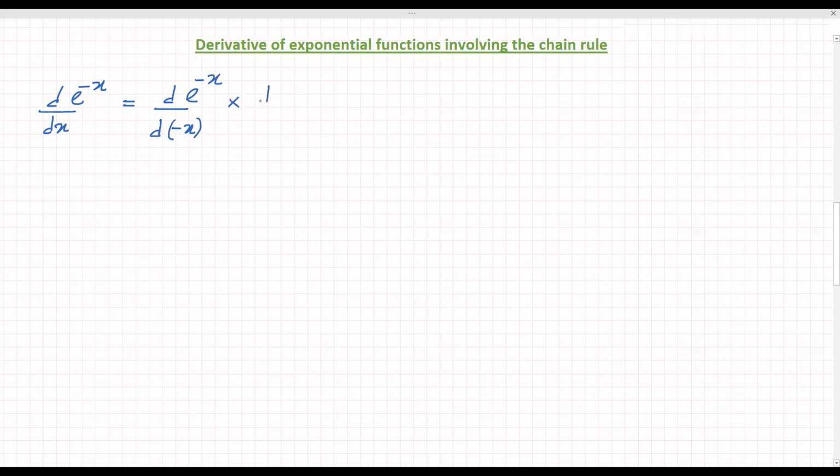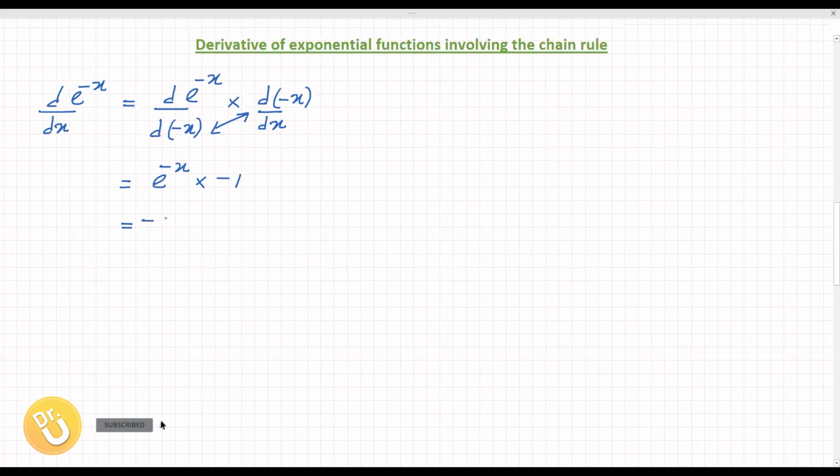So you are going to cancel that, d/dx of minus x. So this is my chain rule as we discussed before. Now here you get e to the power minus x. So that is the basic understanding of the derivative of exponential functions. And here you get minus 1. So the answer would be minus e^(minus x).